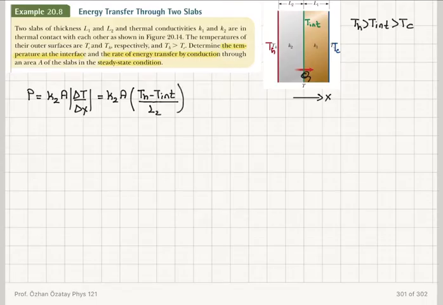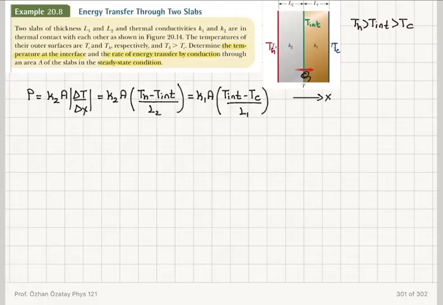And at steady state, the rate of energy flow from the left to the right must be the same across both samples. So this must be equal to also K1 times A for the second slab. Now the heat flows from T intermediate to TC. So this is the hot side for the second sample. This is the cold side, and this heat is flowing through a distance L1.